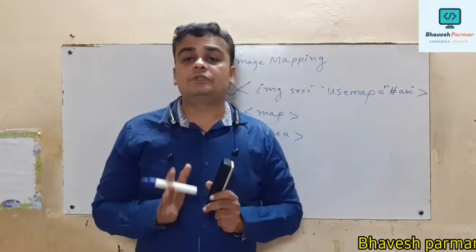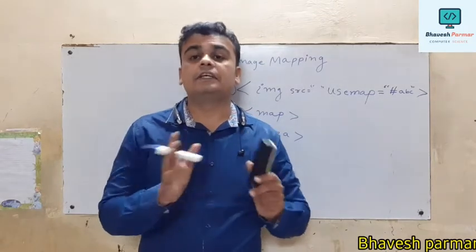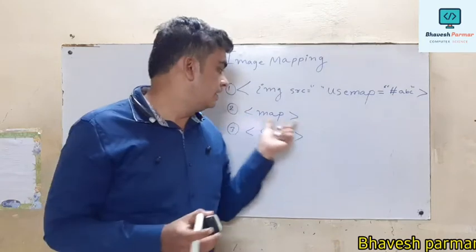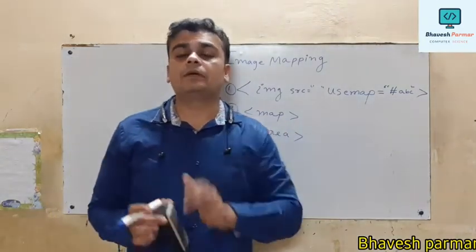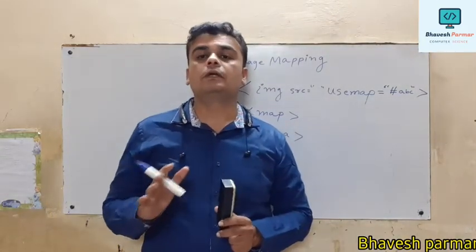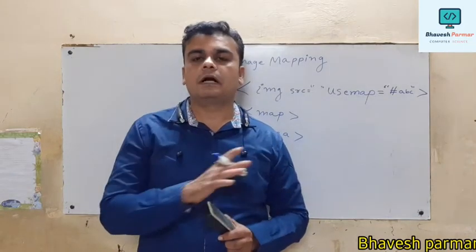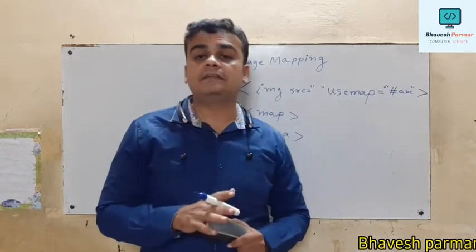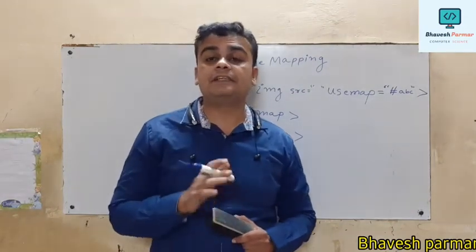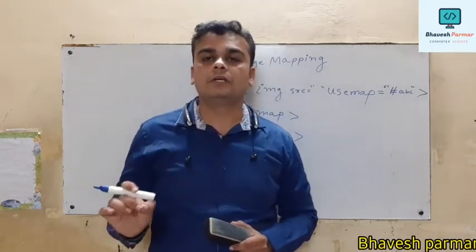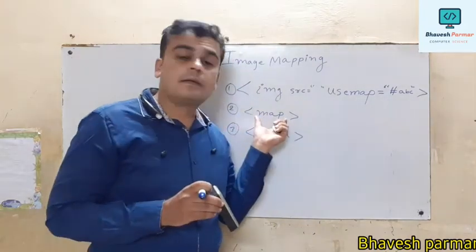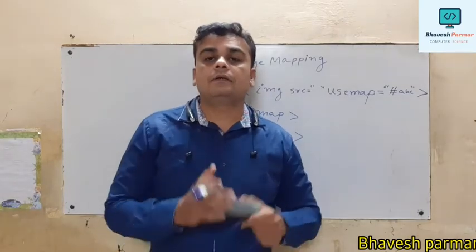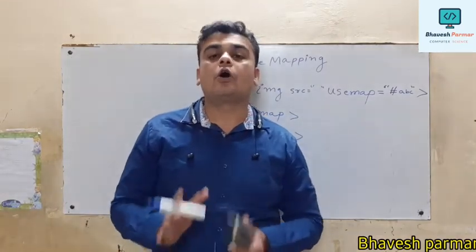The map tag is used to specify the region which is used as a hyperlink, and generally we are fixing a particular area, meaning whenever we move the cursor of our mouse pointer, the clickable region appears. That clickable region is called a hotspot. So by using the map tag we are going to create a clickable region, and these regions are called hotspots.